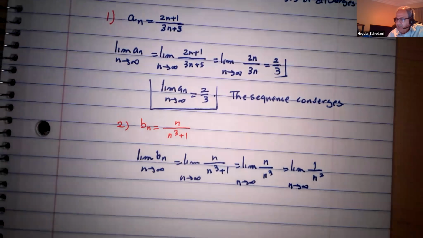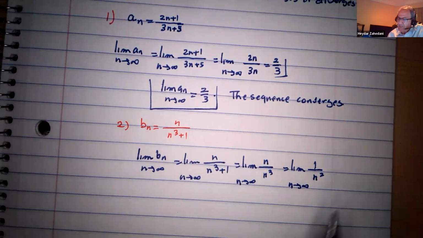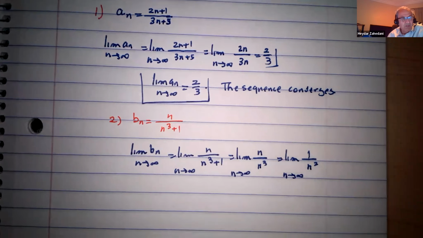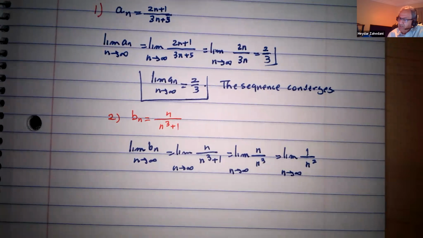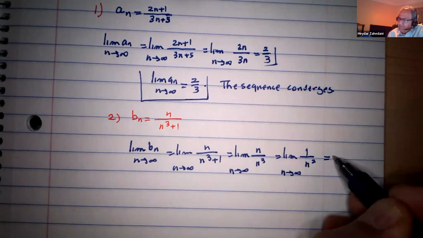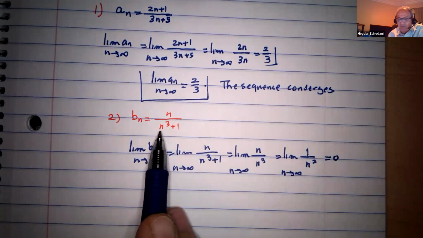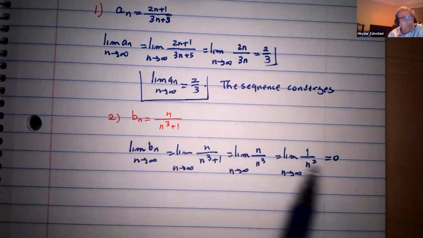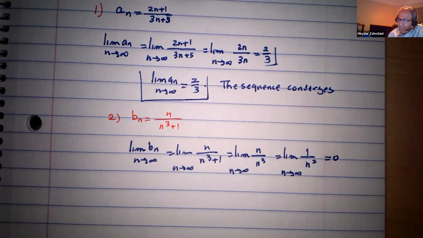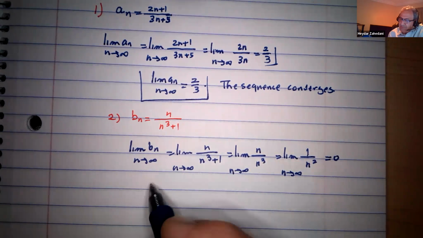When n goes to infinity, the bottom would be infinity. So the top is the whole. Think of a pizza: you want to divide it into infinitely many parts. If you divide a pizza into infinitely many parts, your share is nothing. So this would be 0. So when the degree of the bottom is higher, you can write the limit 0, we accept it right away. But this is the method to prove it.